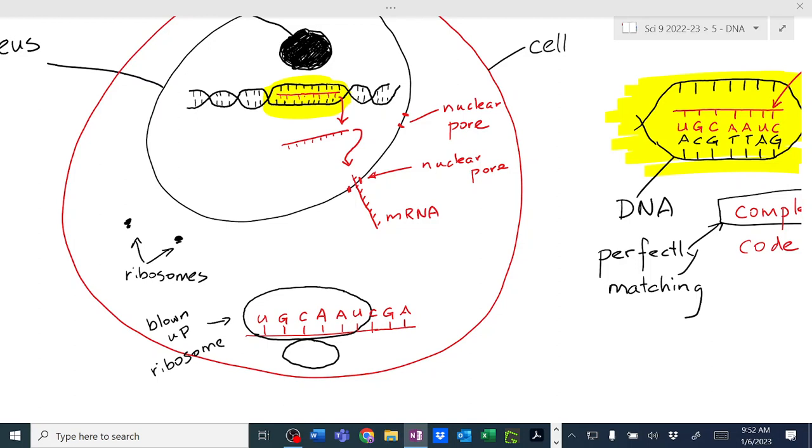And don't worry, we'll label codons and anticodons later as well. So we would have a T, and who goes with G? C. And who goes with C? G. Oh, it's not a T. Oh my gosh, what's wrong with me? That should be an A. Okay.